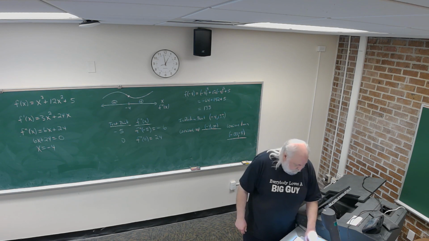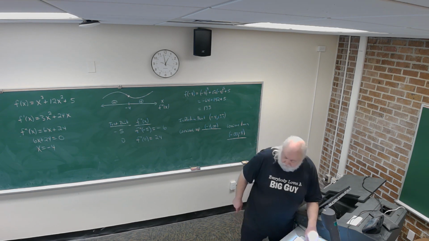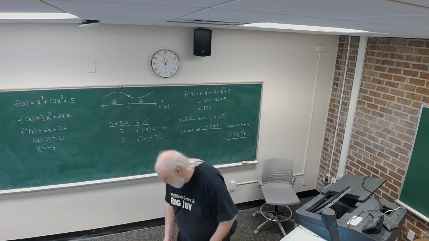If it doesn't exist, you can't use this test. So from these two functions from yesterday, we're going to find the local extremes, the local maximums and the local minimums.